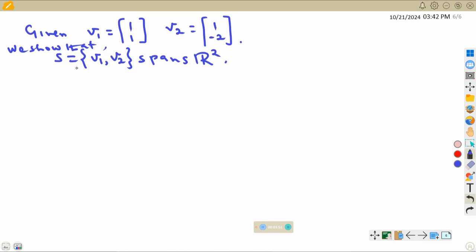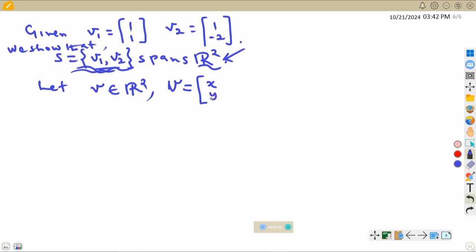So to show that this set here spans R2, it means that any vector you pick from R2 should be expressed as a linear combination of these vectors V1 and V2. Let us suppose a given vector V be picked from R2. Since R2 consists of elements of the form x, y, we shall also let our V to be in the form of x and y. This is R2, so there should be 2 entries.